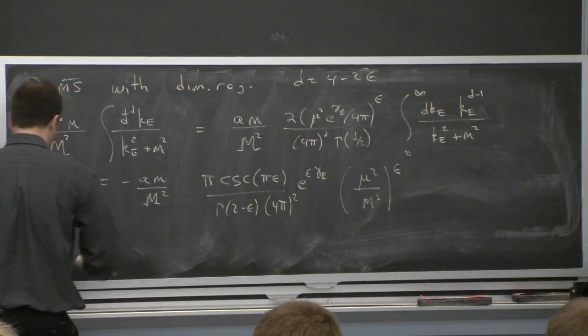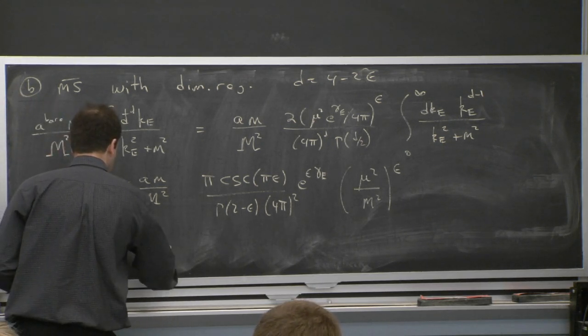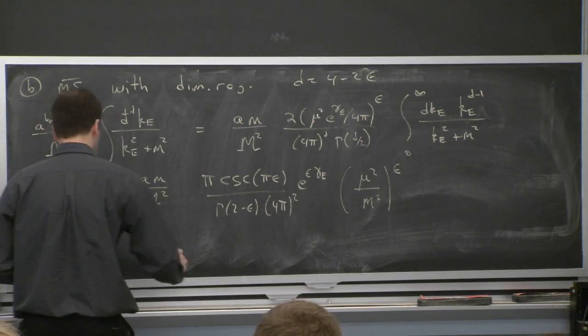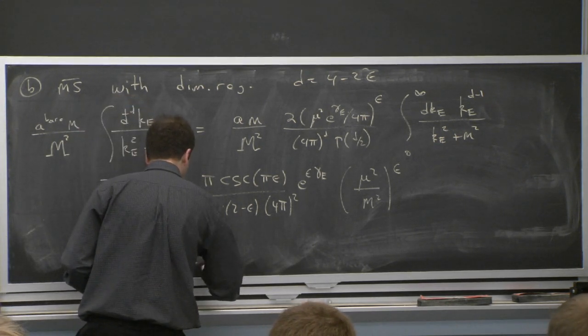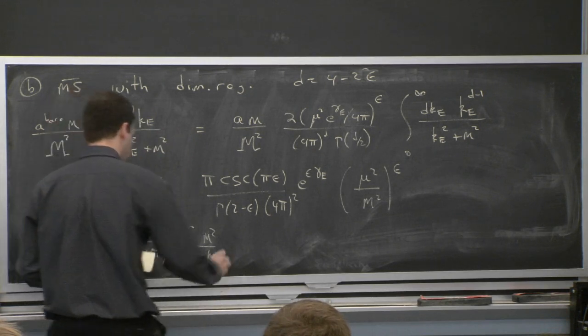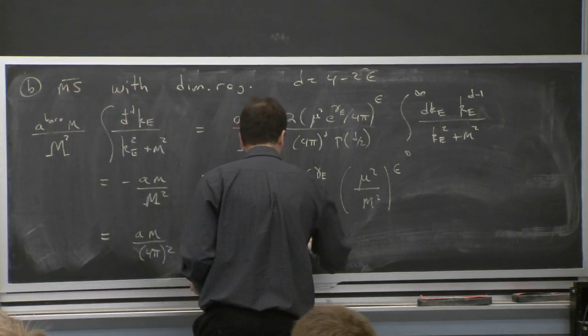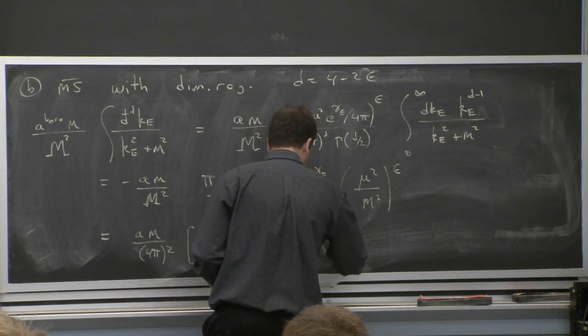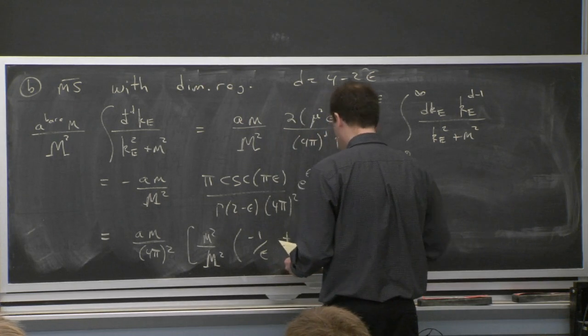And then we can expand. We get a 1 over epsilon pole. We get a logarithm. There's some constant as well.